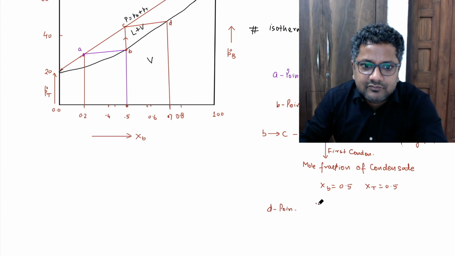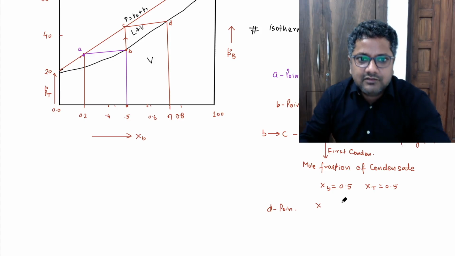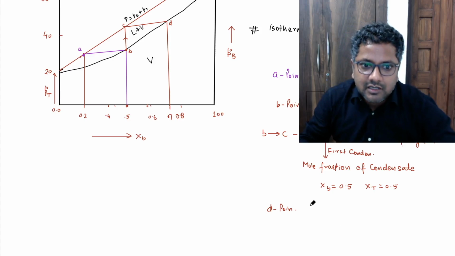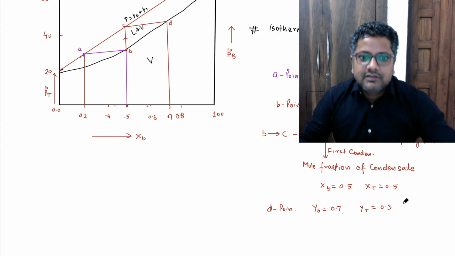Mole fraction of benzene, Y benzene is equal to 0.7. So Y toluene is 0.3. Now this is the vapor phase.